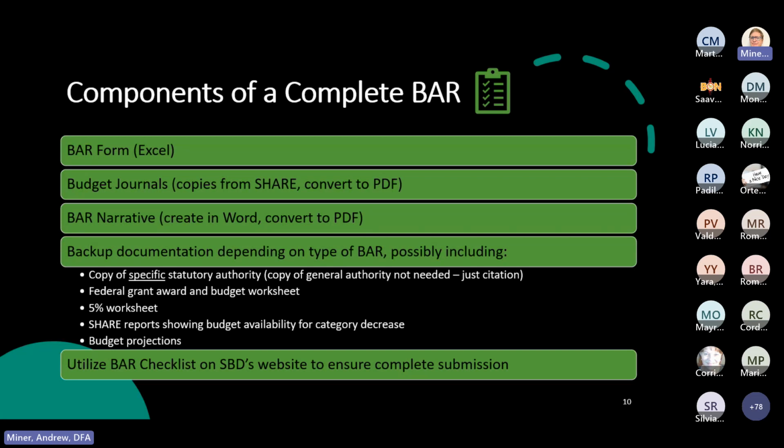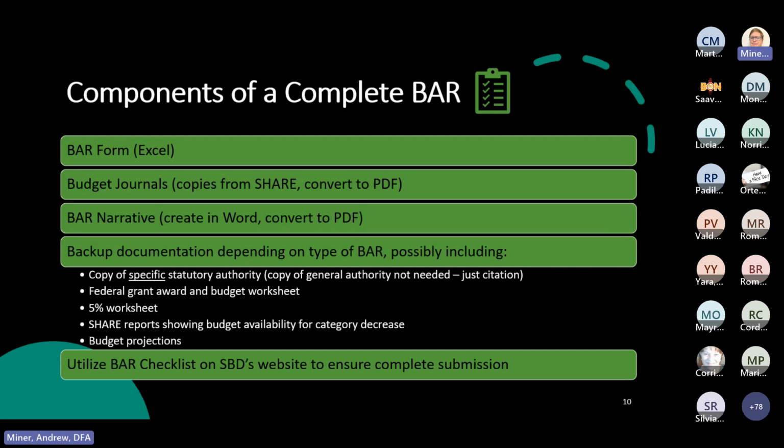If it's general authority, if it's 3I, then you need to put 3I on the form, but you don't need to print out a copy of page 5 from the budget bill that has 3I on it and include that. It's our job to know what 3I means, so that's okay. Just need to cite it and we'll take it from there. But if it's a specific authority to your agency, please do include a copy of that.